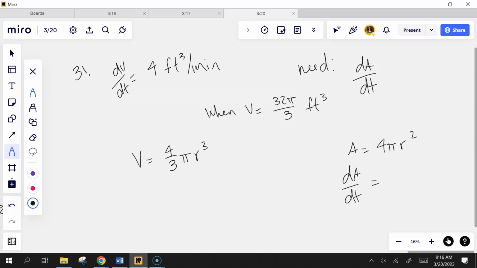So if I do the derivative here with respect to time, I'm going to have 8 pi r dr/dt. So I'm missing the radius and dr/dt in order to figure this out. So I think that based on the information given here, I can probably find that, right?